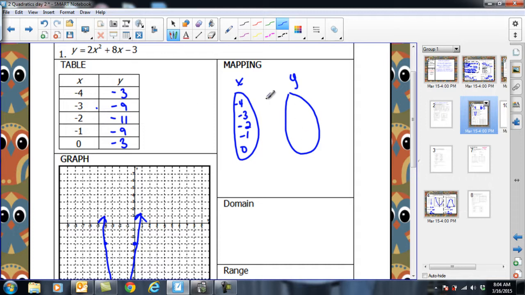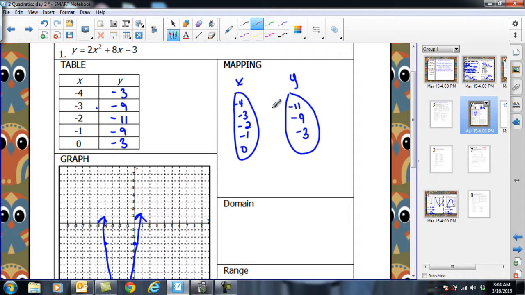My y values, the smallest one is -11, then -9, and then -3. And I'm not going to write them again because -9 and -3 repeat, but I'm only going to write them once, because then I'm going to create a map that shows which x values go with which y values.